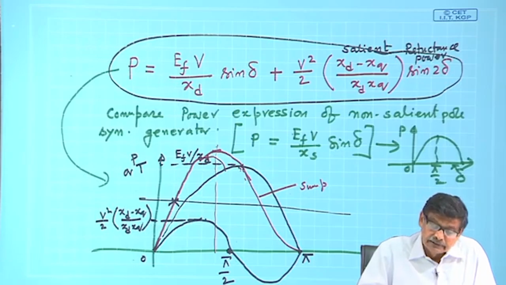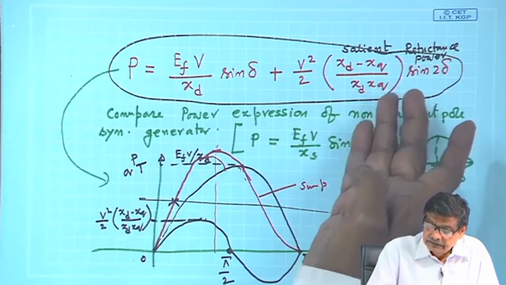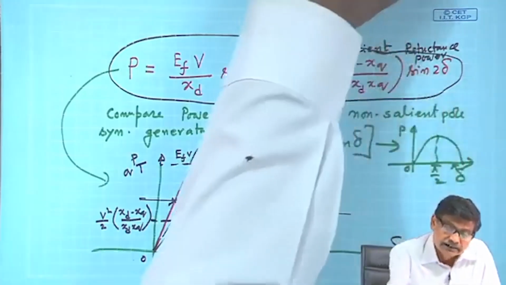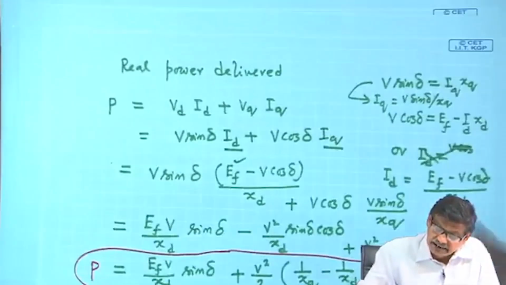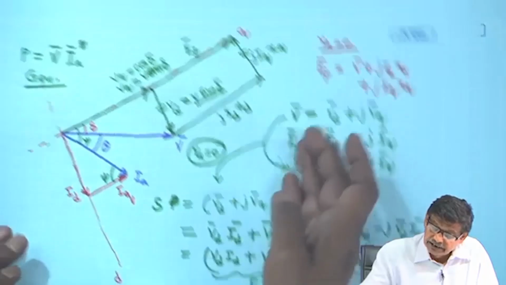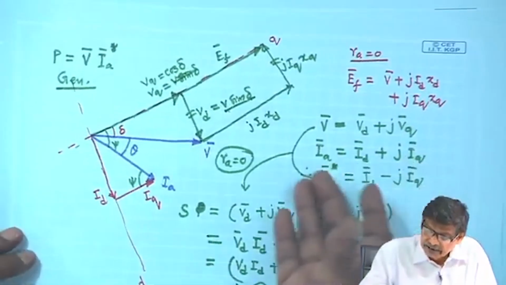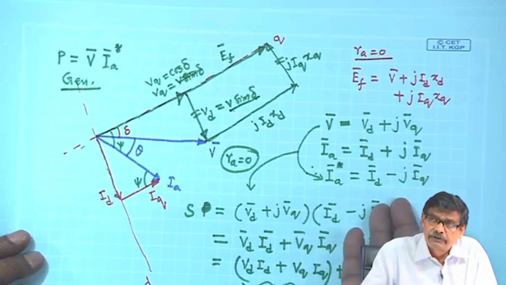And then this is important, how do I find out the power. We started from V I A star, and the terminal voltage can be written as V d plus j V q, similarly I A can be written as I d plus j I q, and so on.